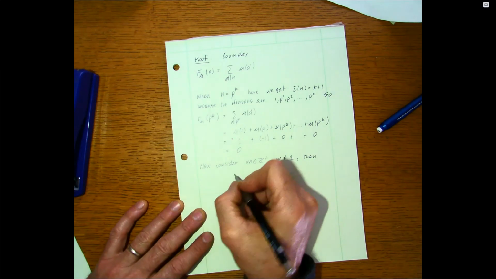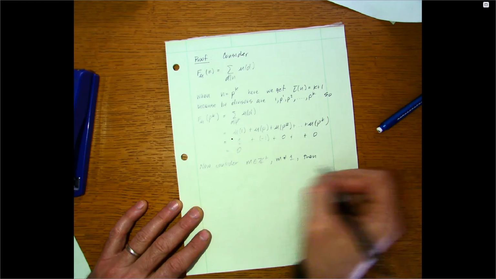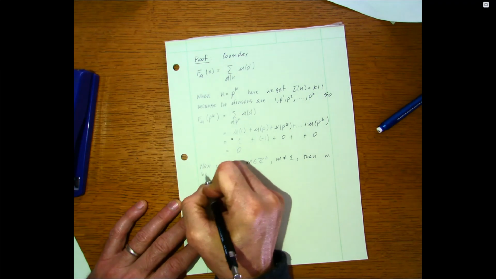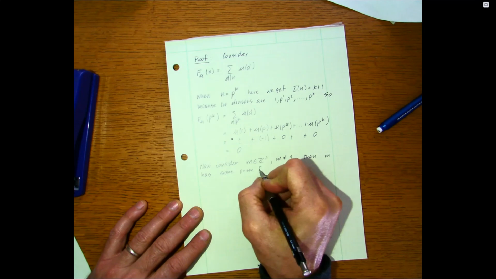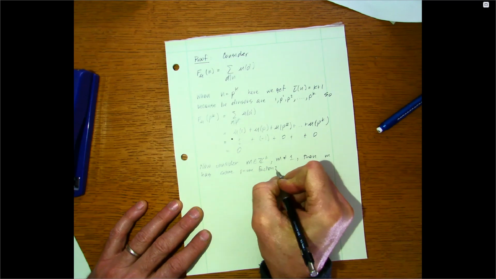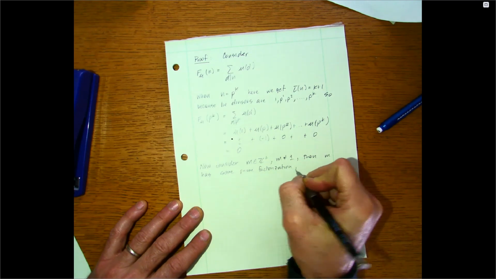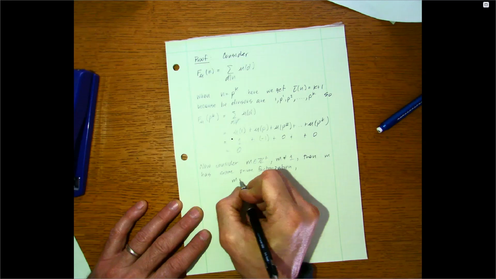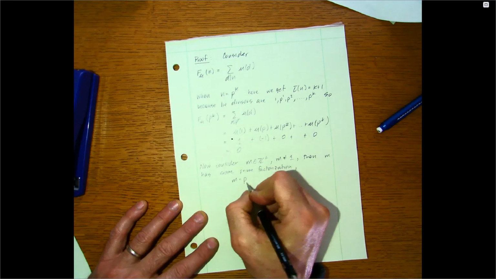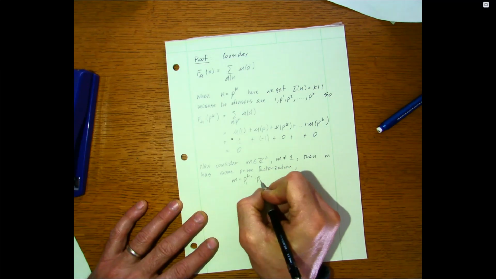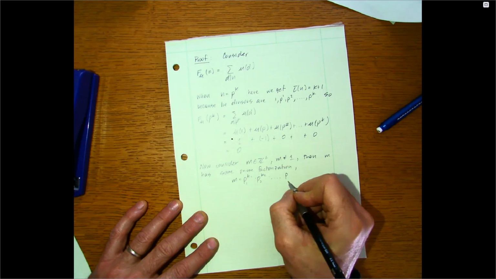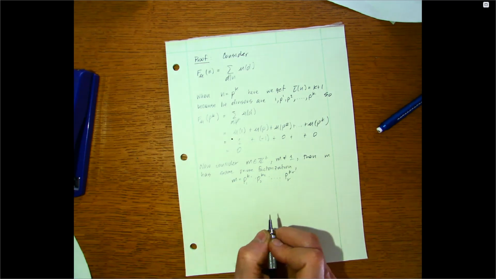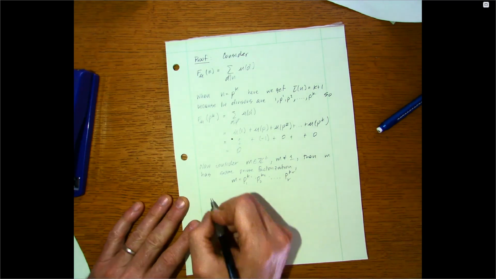Then m has some prime factorization, right? And let's generally write it as a prime factorization. Say it's p1 to the k1 times p2 to the k2 times all the way up to, I don't know, pr to the kr.